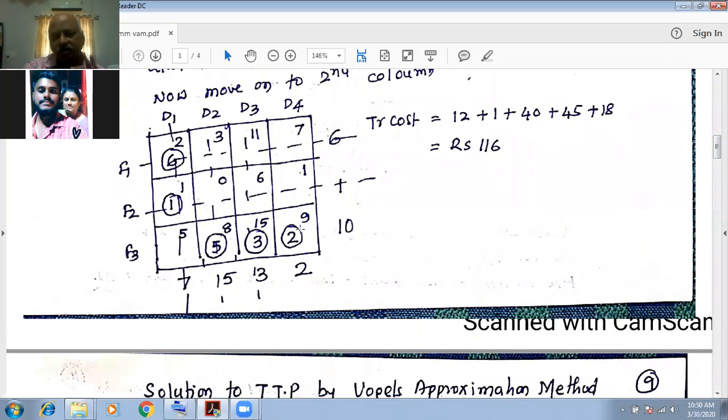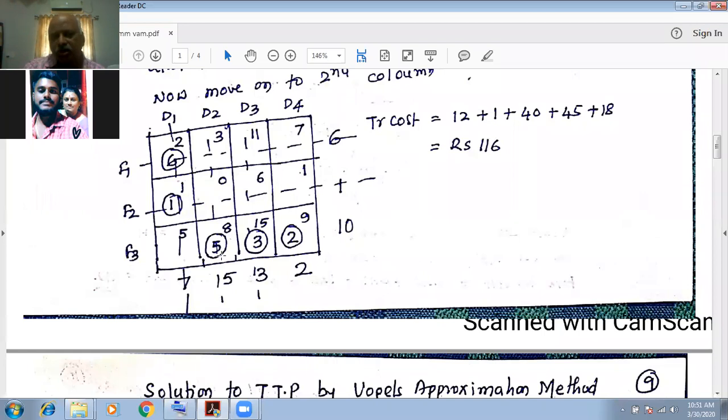So you go to the second column now. In the second column, though there are 3 costs here, 3, 0 and 8, 3 and 0 were already crossed out in the earlier allotments, and I am left with only 8. So you make an allotment here.